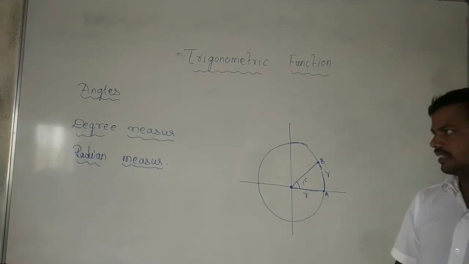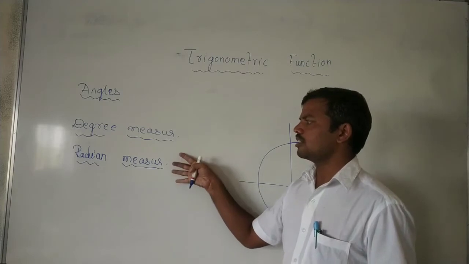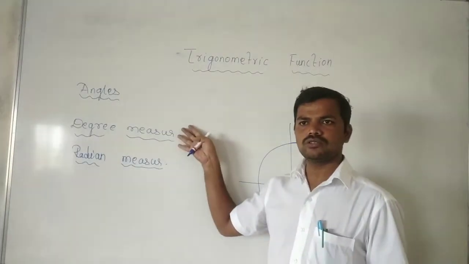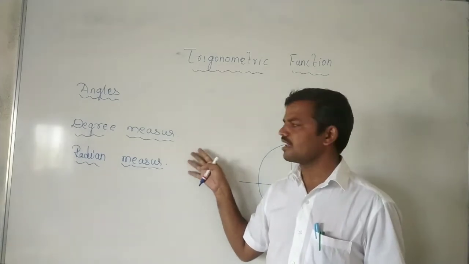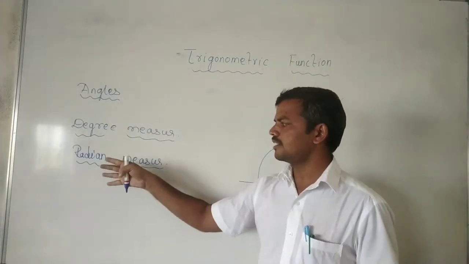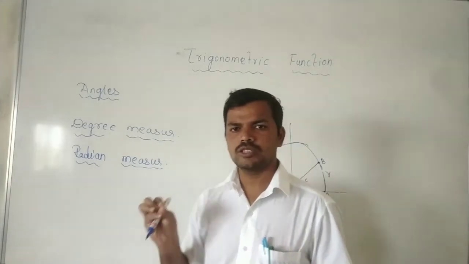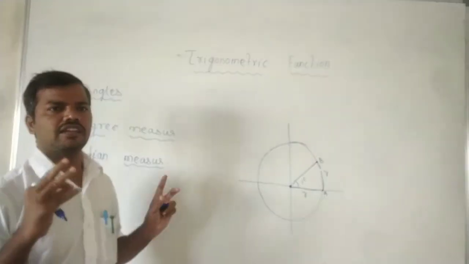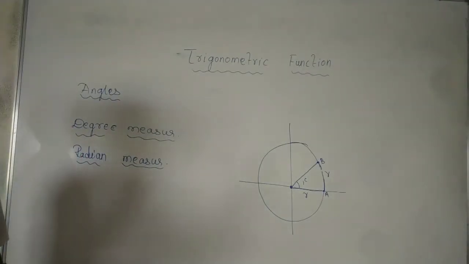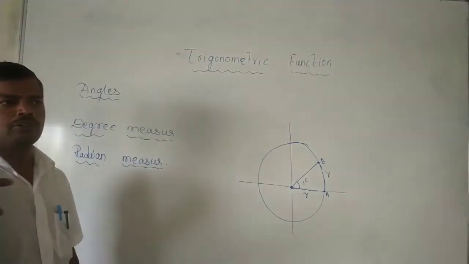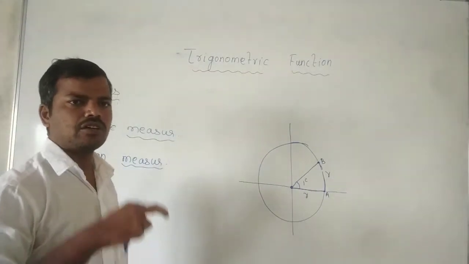So here we got two systems of measuring an angle. So two systems of units which we use to measure an angle. One is degree measure and another one is radian measure. So now we have to discuss whether we have any relation between these degree measure and radian measure. As we know, meter to centimeter, centimeter to kilometer, meter to feet.